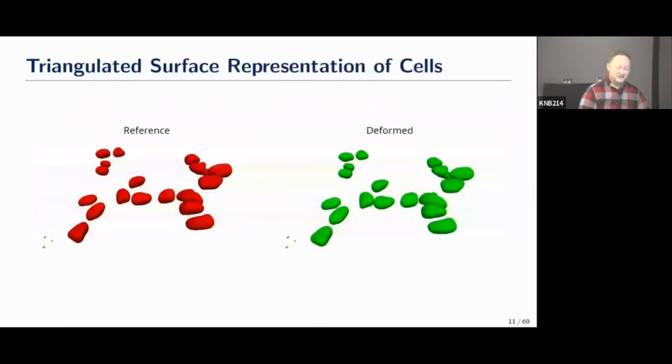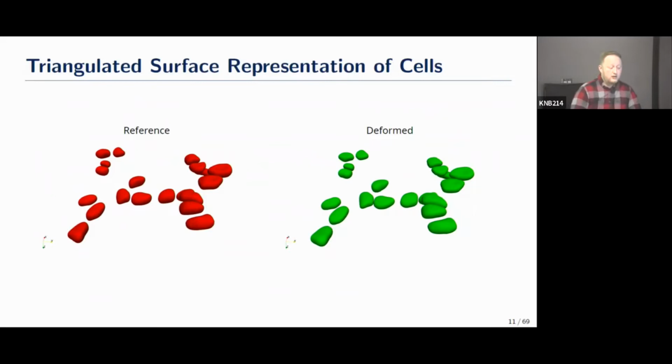And in the end, you get something that looks like this. We won't go into the details of all the math behind that, but you get these triangulated surface representations of the cells. And these are what you see in a Pixar movie or a video game, same idea. We have a very computational numerical representation of the cell shape from these.